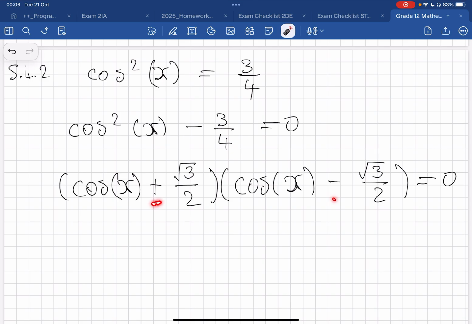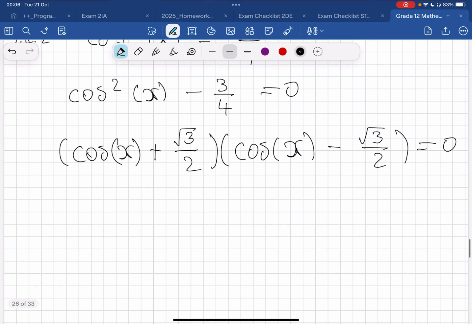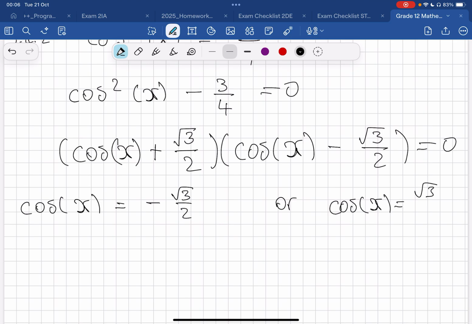And it's plus and minus, so it's going to be minus 3 over 4. This is going to be minus root 3 over 2 cos x plus root 3 over 2 cos x. That becomes 0. This is just going to be cosine squared x, which is that. So now I have that cosine x is equal to minus root 3 over 2, or cosine x is equal to root 3 over 2.